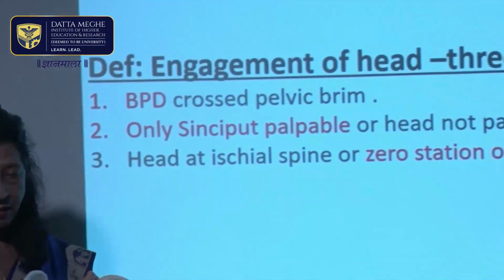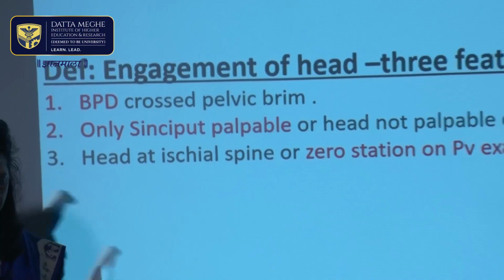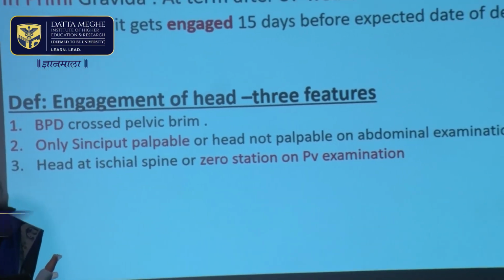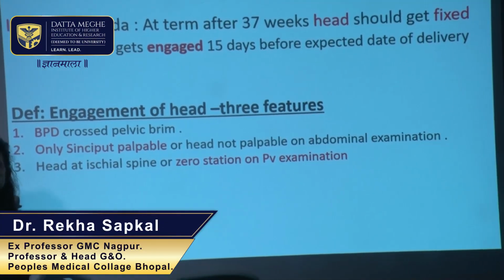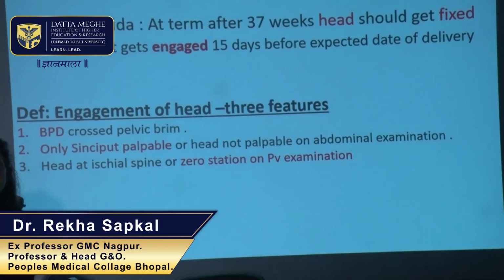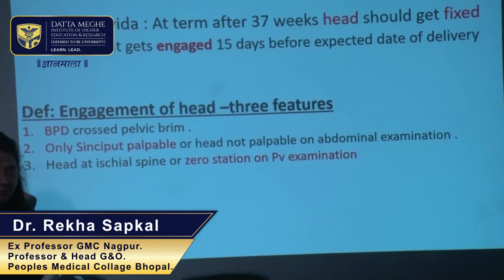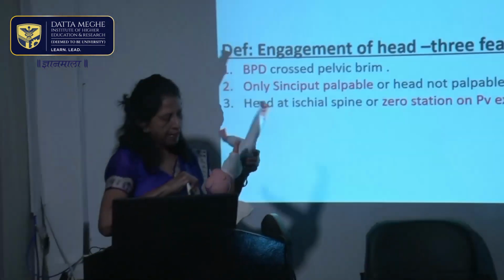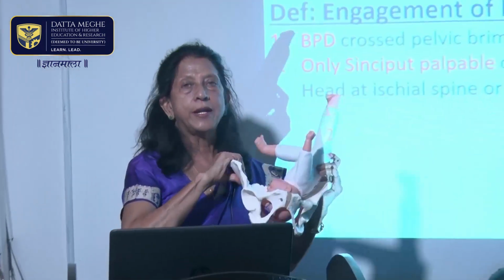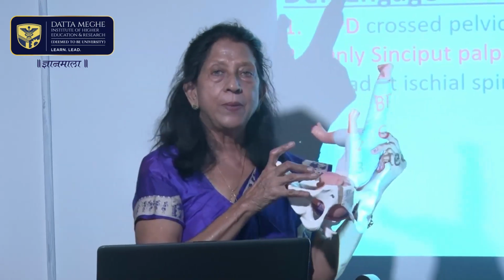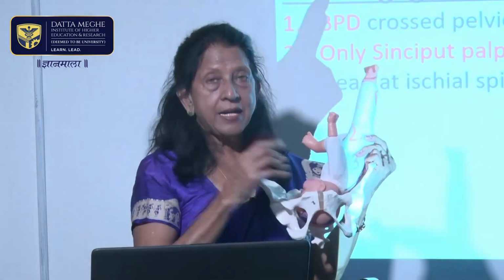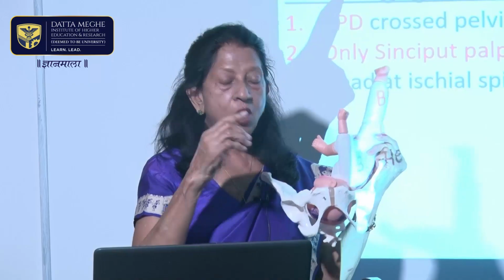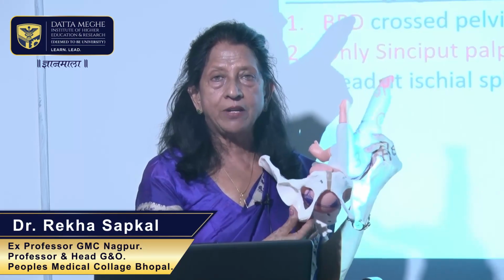Now, engagement: what is engagement of the head? 3 points you must remember and you must tell in the practical examination. What are they? Engagement is when the head's biparietal diameter has already crossed the pelvic brim. BPD has already crossed, that is the first point to remember. On PV examination, what level will it be?